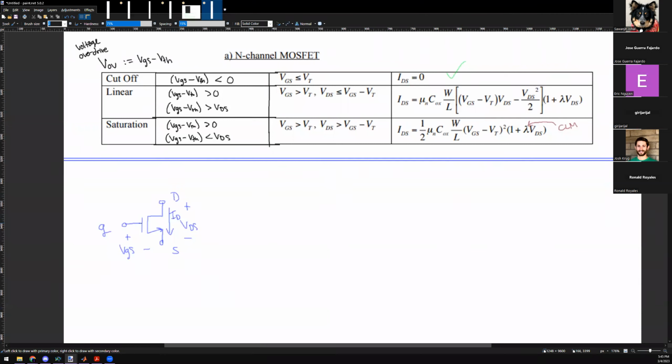So if I were to try to solve a circuit like this, even with a resistor and a voltage source and a ground and an input VG, this circuit is not easy to solve because of this nonlinearness. Like if VG is too small, I have a piecewise model as well.